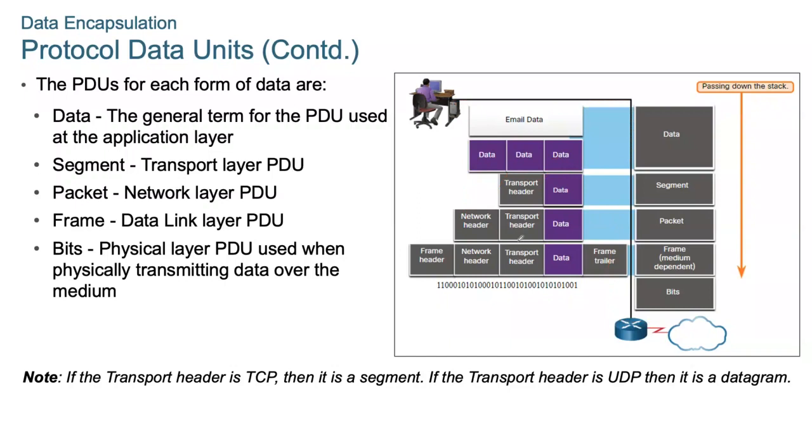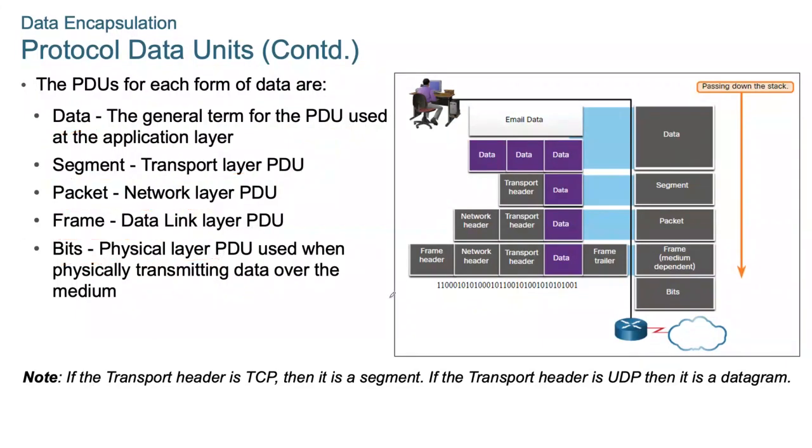Okay, so segment means transport layer PDU, protocol data unit, and data means your application layer PDU, packet means network layer, frame means data link layer, bits means your physical layer. This is very important to remember.